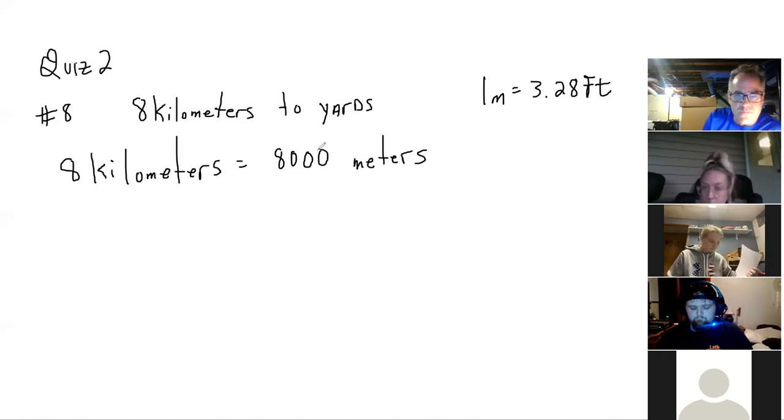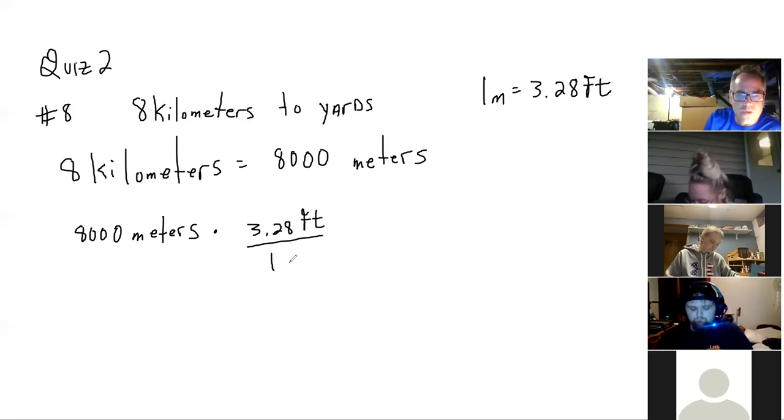So if I wanted to convert meters to feet, take my 8,000 meters, multiply that by 3.28 feet over 1 meter. So my meters would cancel. And I would have 8,000 times 3.28.